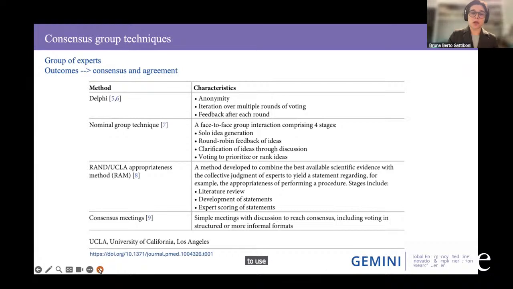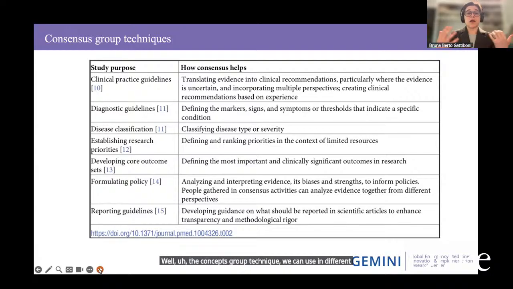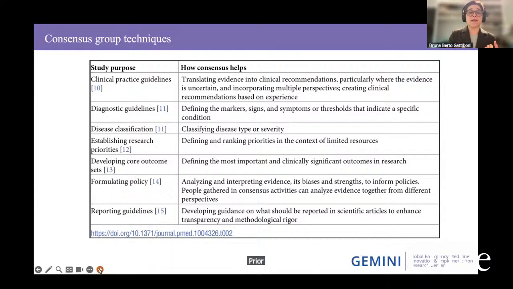The consensus group technique can be used in different studies like clinical practice guidelines, diagnostic guidelines, disease classifications, establishing research priorities, developing core outcome sets, and formulating policies and reporting guidelines.